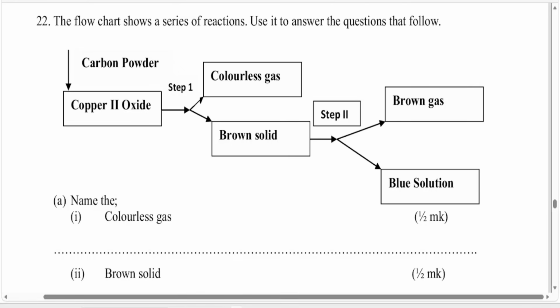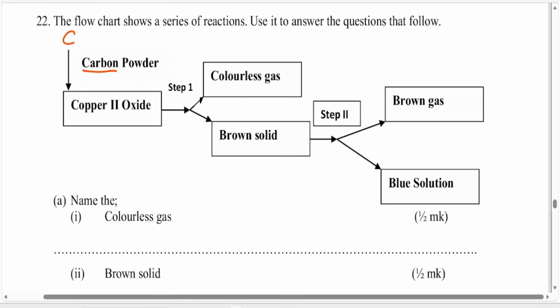Looking at the flow chart, we can see carbon powder that is being passed through a chamber where copper(II) oxide is. Then taken through step 1 where a colorless gas is formed and a brown solid is also formed. Then step 2 where a brown gas is formed and a blue solution is formed.